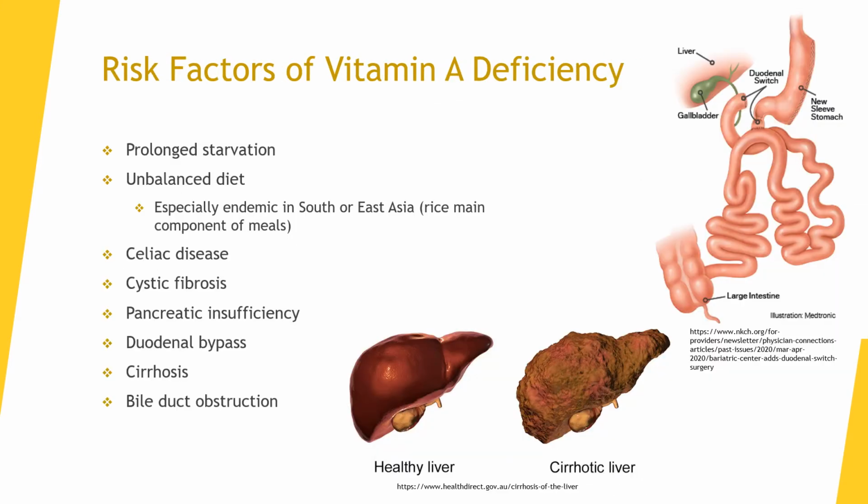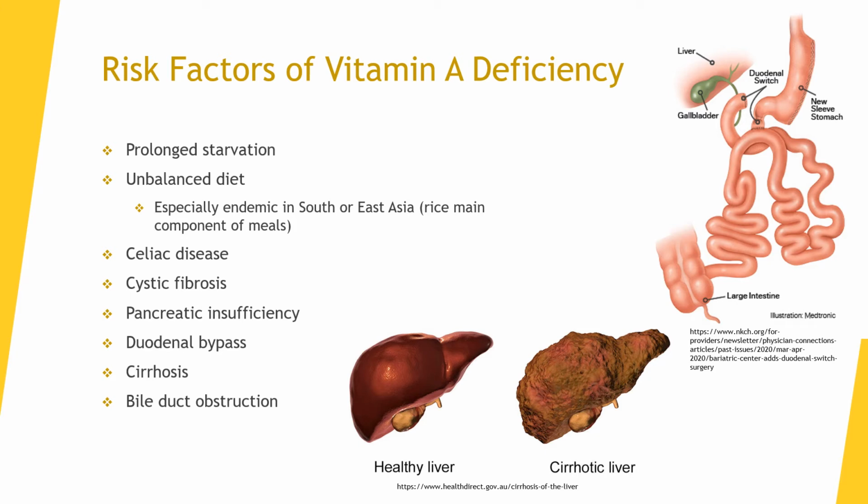Factors that render an individual more vulnerable to presenting with vitamin A deficiency include prolonged starvation and unbalanced diet, especially in South or East Asia, where the rice is the main component of the meals, celiac disease, cystic fibrosis, pancreatic insufficiency to digest the material, duodenal bypass, when the duodenal is such an important site for mixing the bolus or the food material with the bile salts.